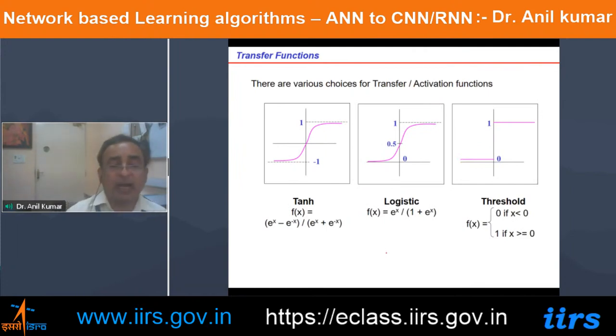Some of the transfer or activation functions we can see, and they are very important when we are working with neural networks. ANN is a non-parametric approach. Why? Because there are so many parameters, and these parameters should be tuned, right?